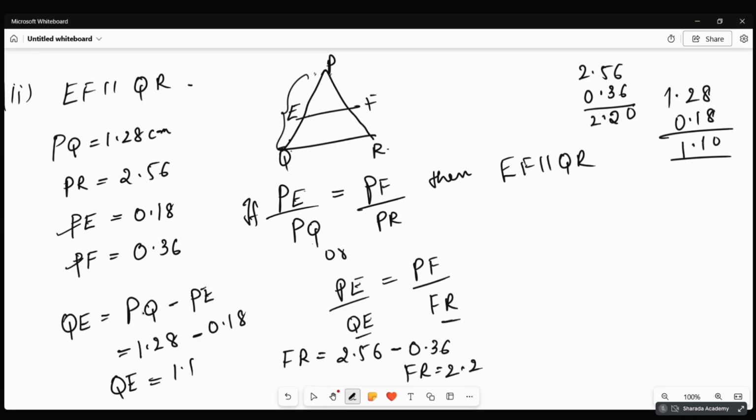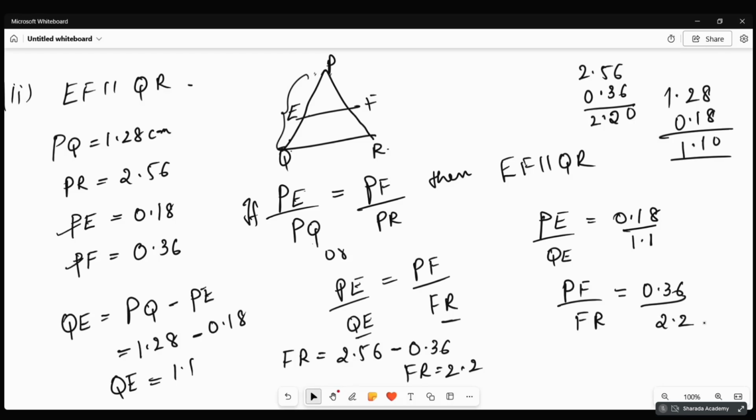PE by QE: we will get 0.18 by 1.1. Then PF by FR: PF we got 0.36, and FR is 2.2. Then you have to divide and check. If I multiply by 100, I will get 18 here and 110 here.